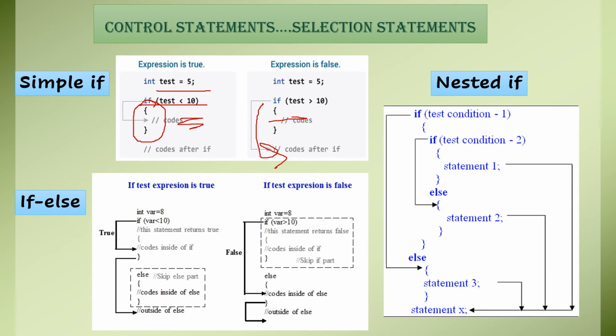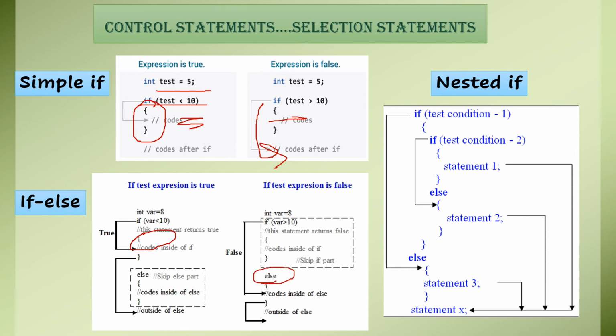Next is if else. I have given a variable the value 8 and I'm checking if the variable is less than 10. Now 8 is less than 10, it's true. That means this block will be executed. Otherwise, if this condition comes to be false, then the control jumps to the else block.